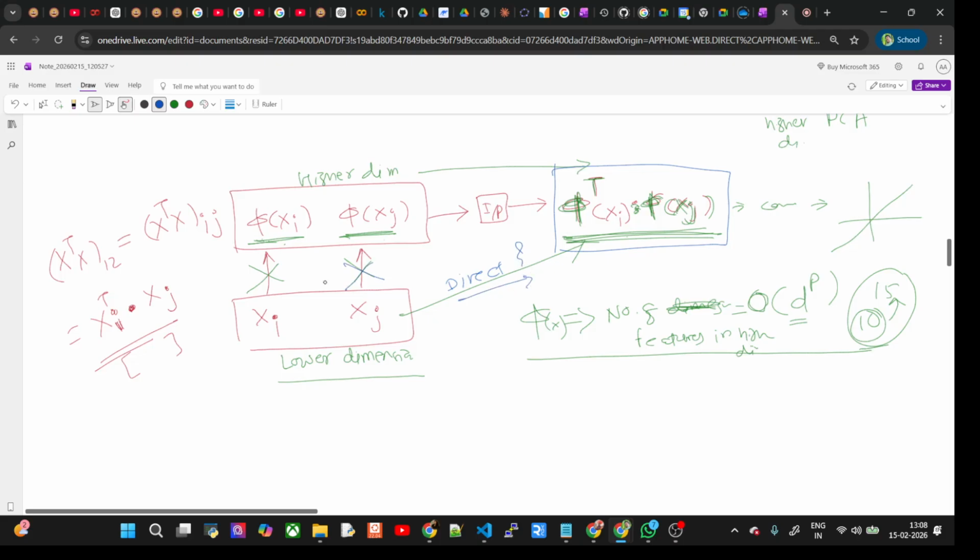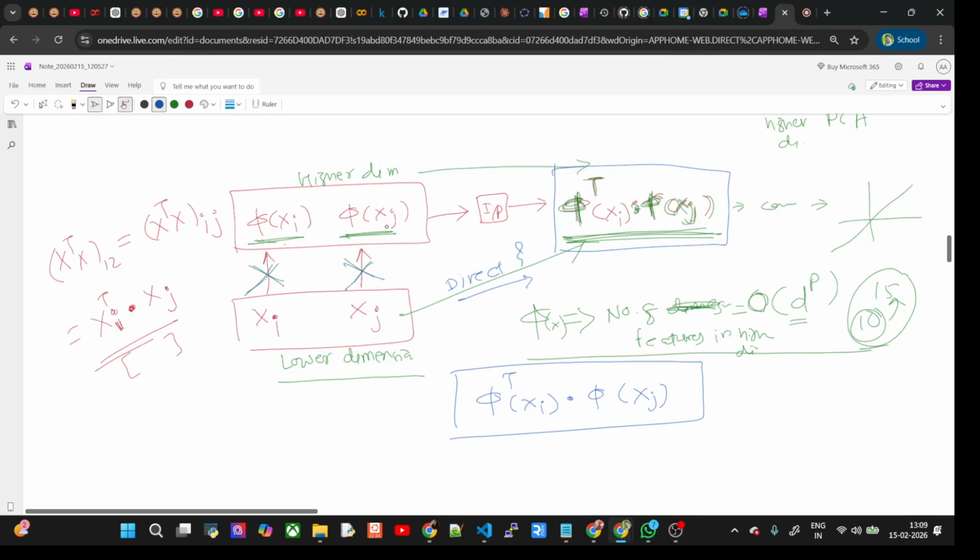I want to check, can I go directly to the dot product of phi of xi transpose into phi of xj instead of calculating phi of xi and phi of xj?